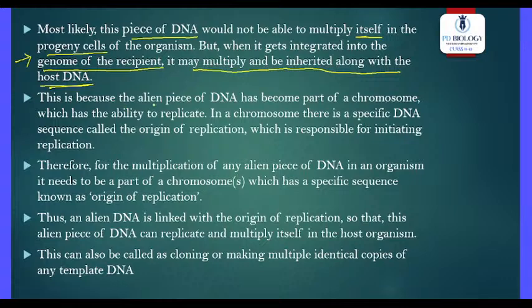This is because the alien piece of DNA has become part of a chromosome, which has the ability to replicate. In a chromosome, there is a specific DNA sequence called ORI, origin of replication, which is responsible for initiating replication.